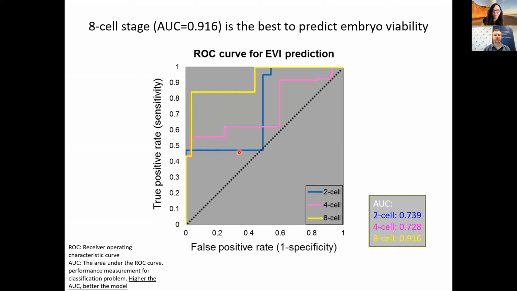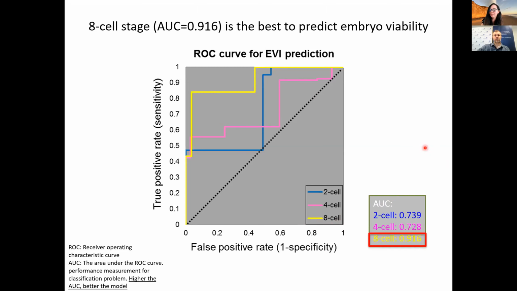If we followed 2-cell embryos, the AUC gave us about 0.73, which means that the 2-cell embryos were not very sensitive to looking at FLIM. However, the 8-cell stage embryos were very robust, and they gave us very good data analysis at 0.19.